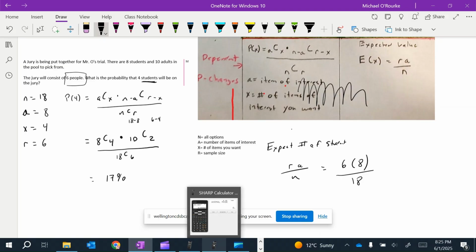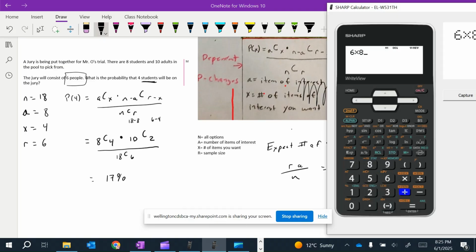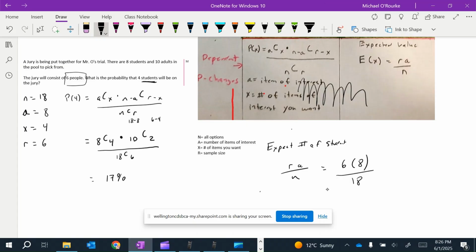So that's going to be 6 times 8 divided by 18. So on average, there are approximately 2.7 students on the jury.